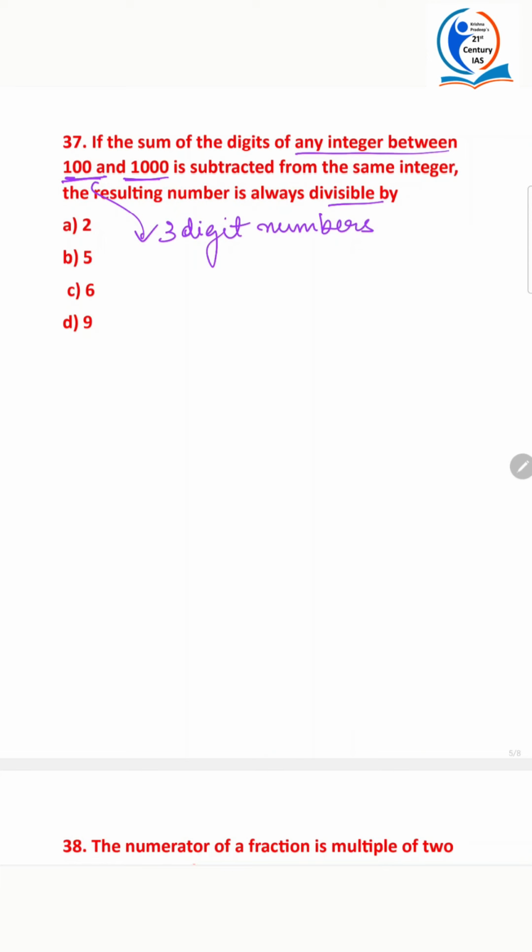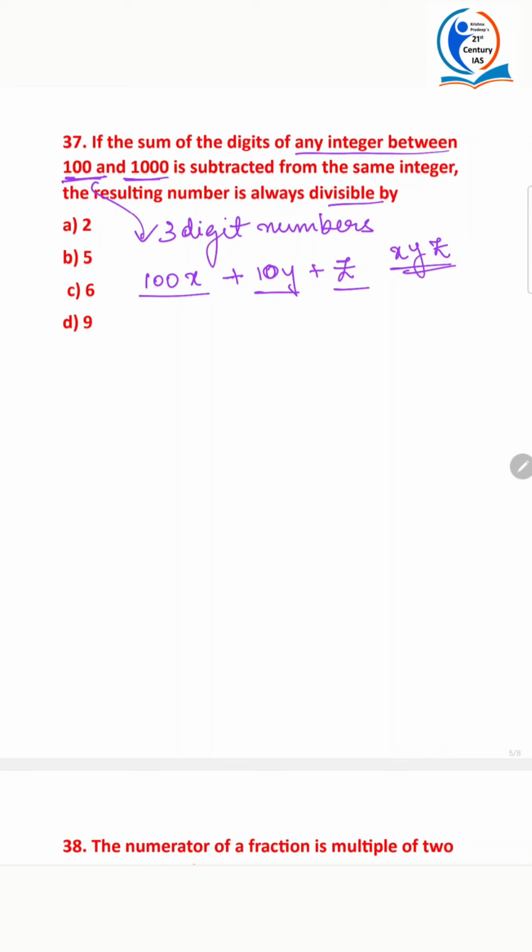Okay, 3-digit numbers. So any 3-digit number can be written in the form of, if the number is say xyz, it can be written in the form of 100x plus 10y plus z. This is the units place, this is the tens place, this is the hundreds place, and that's why we are multiplying it with 10 and 100.